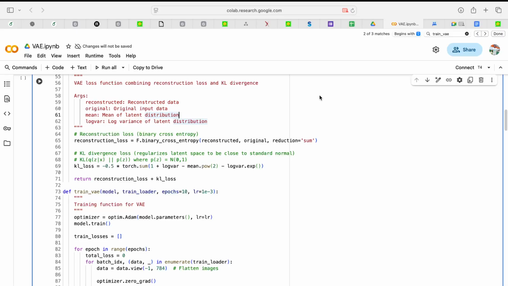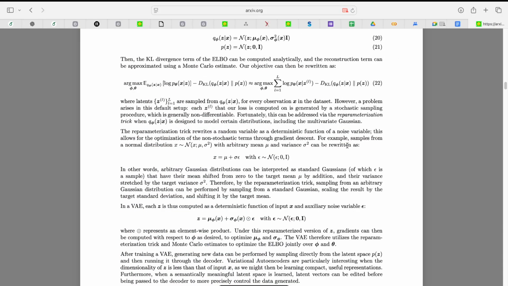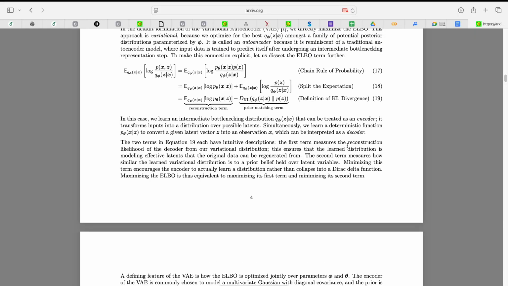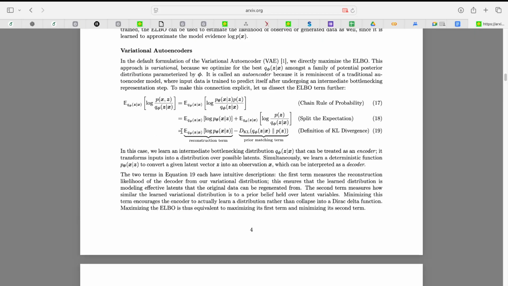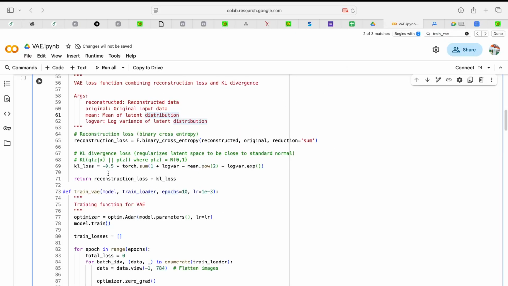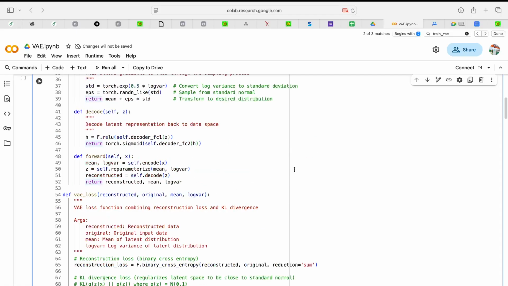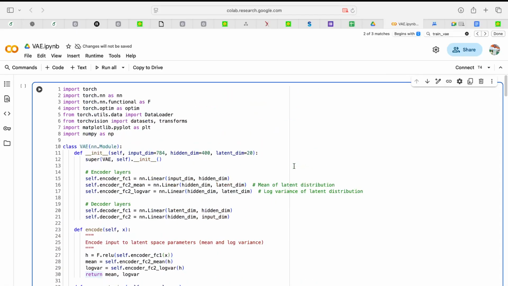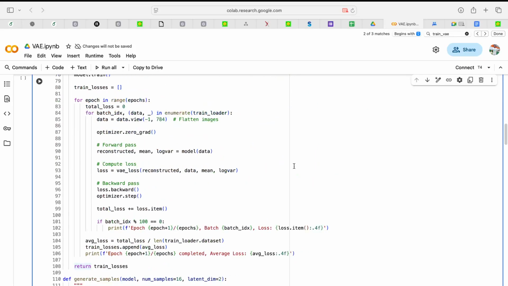So there are two types of losses here: first the reconstruction loss, and another the KL divergence loss. You need both, so both are calculated here, added together, and returned. Any doubt? This is the flow. You can understand very well how the VAE works with this code.